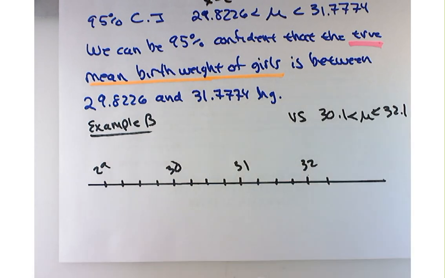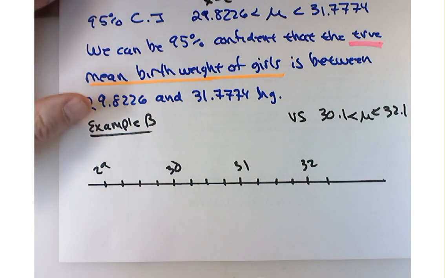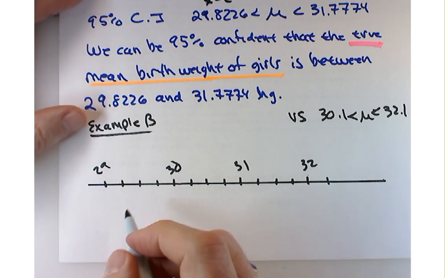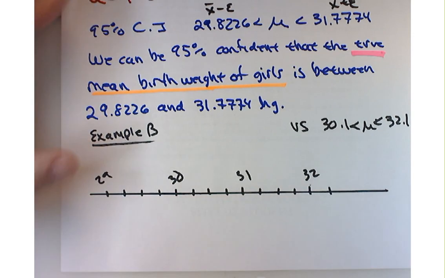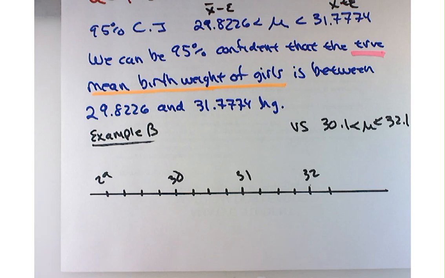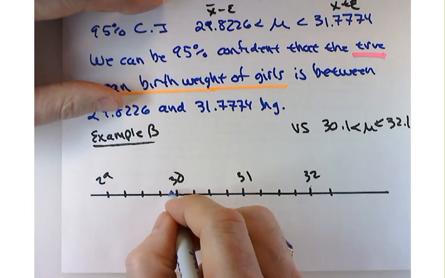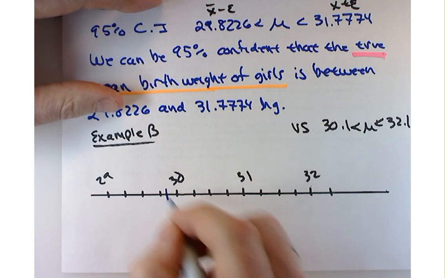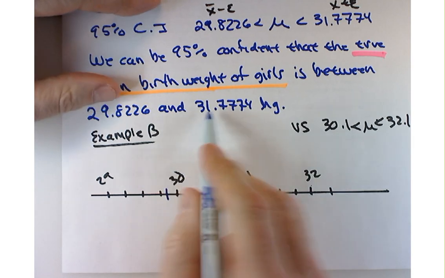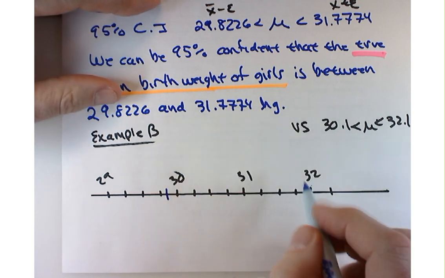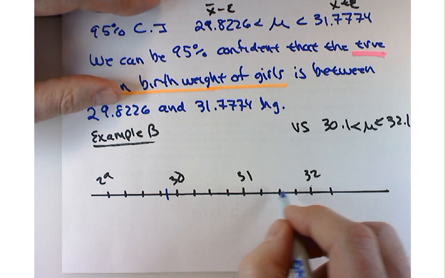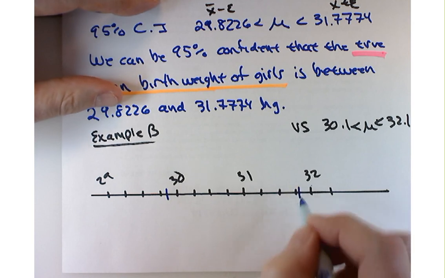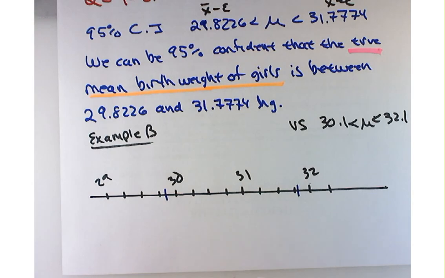All right, so just giving myself a little number line to work with. Our first confidence interval for this one was between 29.8, so that's roughly here, to 31.77, so 31.8. So that's roughly here. That's where our first confidence interval was.